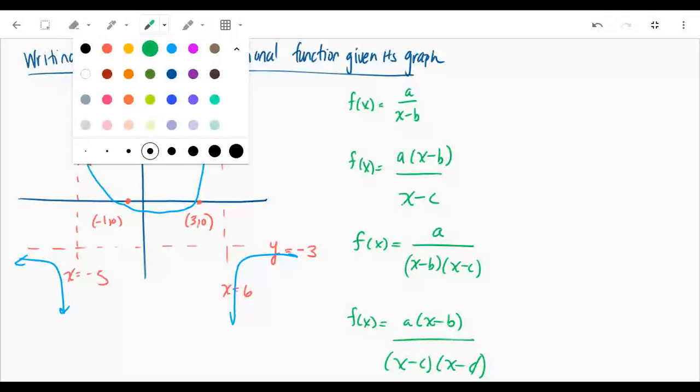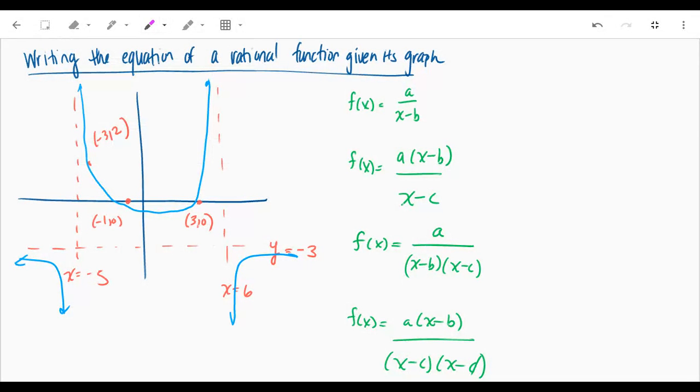So first of all, the fact that it has a y-intercept means that there's something that would make the numerator 0. Okay, so the numerator is not a constant. So we can get rid of that one.